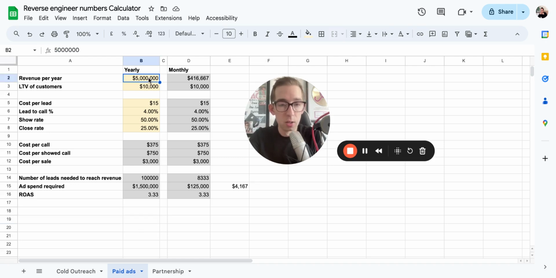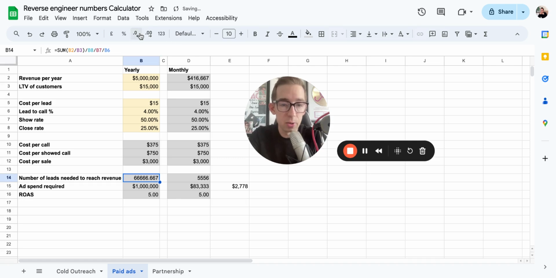If you want a higher return on ad spend, to spend less and have less risk, what if you could take your lifetime customer value and change it from $10,000 to $15,000? Let's look at what that looks like. It puts you straight back to a 5x return, and now you're spending $500,000 less.